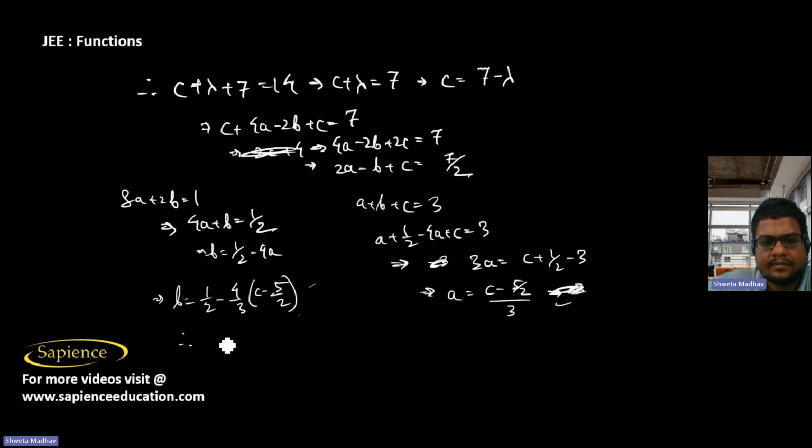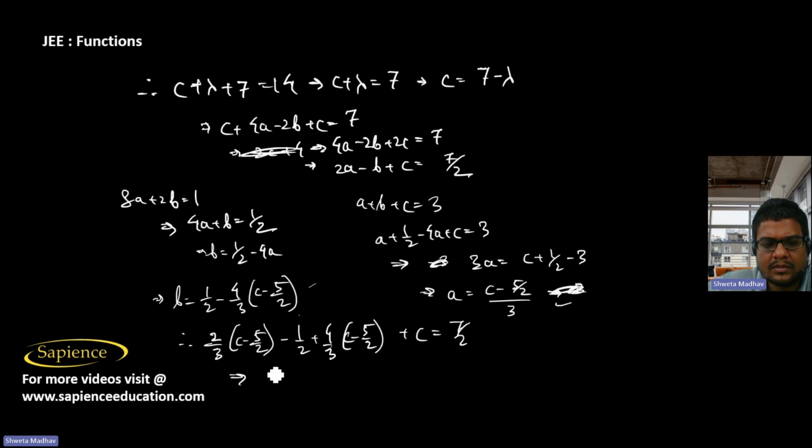So we can say 2a, that is 2 by 3 into c minus 5 by 2, minus b, so minus half plus 4 by 3 into c minus 5 by 2, plus c, is equal to 7 by 2. So this will be 2 by 3c plus 4 by 3c, so 6 by 3c, minus 5 by 3 minus half, and minus 10 by 3, plus c, equal to 7 by 2.